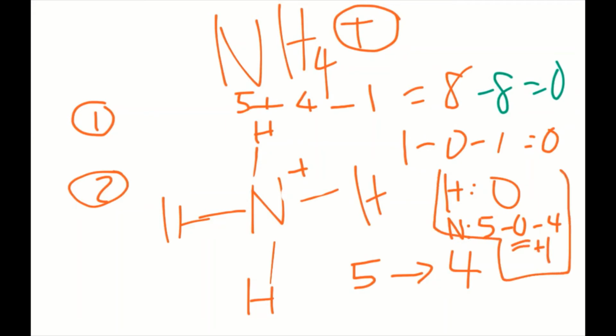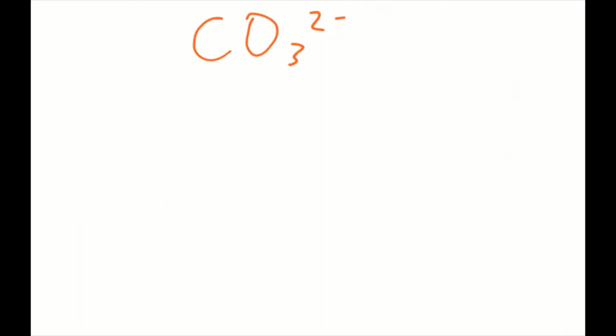So this is the formal charge, and notice how the +1 is not a good sign since we need the formal charges to be all zeros. But in this case, there's no other way to draw ammonium, so therefore the +1 is actually okay, and we'll leave it like that. So let's move forward to the next question.